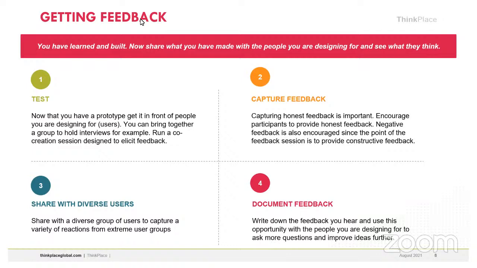I remember during the prototyping session, I told you guys one key thing, that the HCD process is not linear, meaning it does not go in a straight line. Remember, I told you, you can be at testing and it takes you back to ideation. And now you see the reason why it can take you back to a step that you had already completed is something like the feedback you capture.